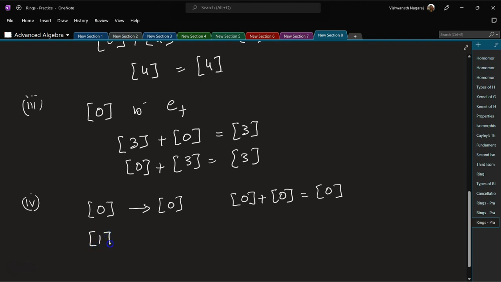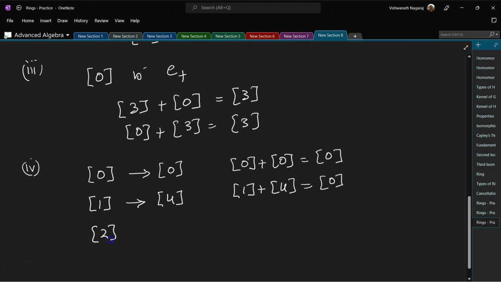So which means what? Inverse of 1 is going to be 4, since 1 plus 4 is equal to 5, mod 5 is 0. Similarly, 2 inverse is 3.